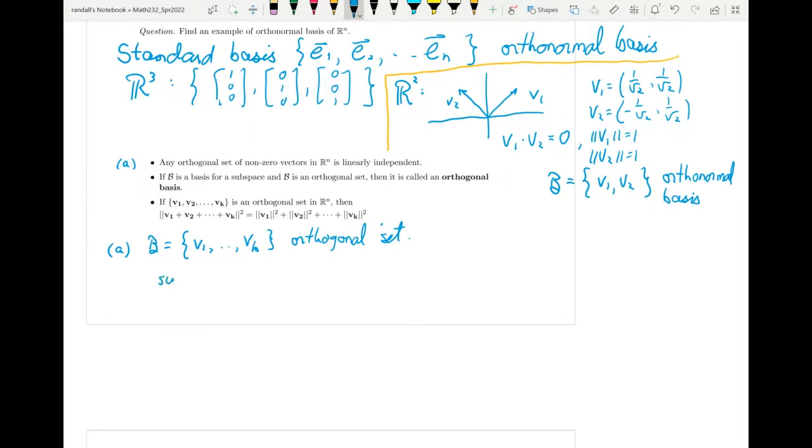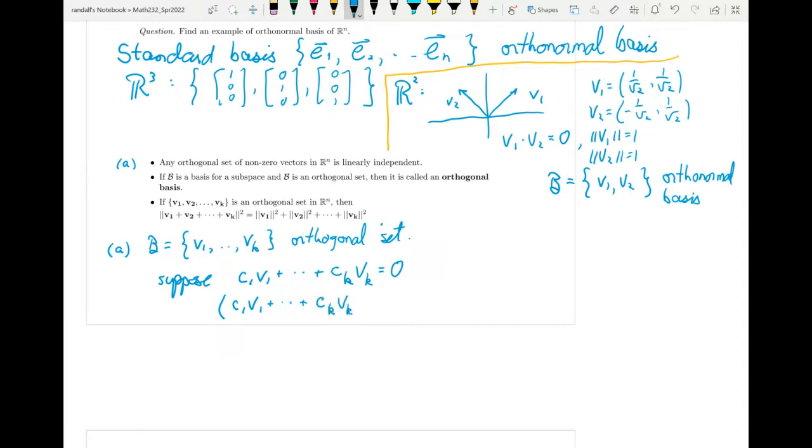So suppose, as we always do when we start with the linear independence question, we look at this linear combination of the vectors, c1 v1 + ... + ck vk, and we set it equal to the zero vector. Okay, now what we're going to do is dot the left-hand side with a vector, let's call it vj.